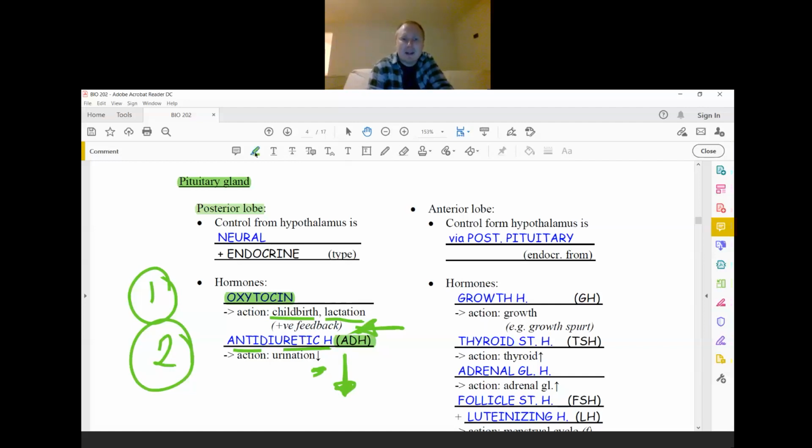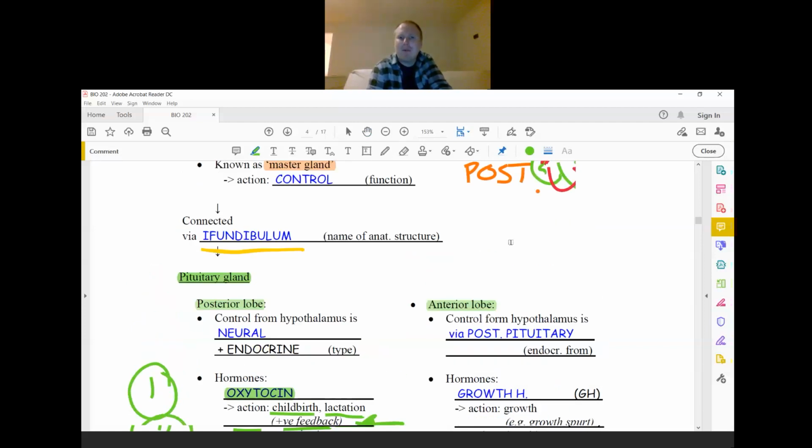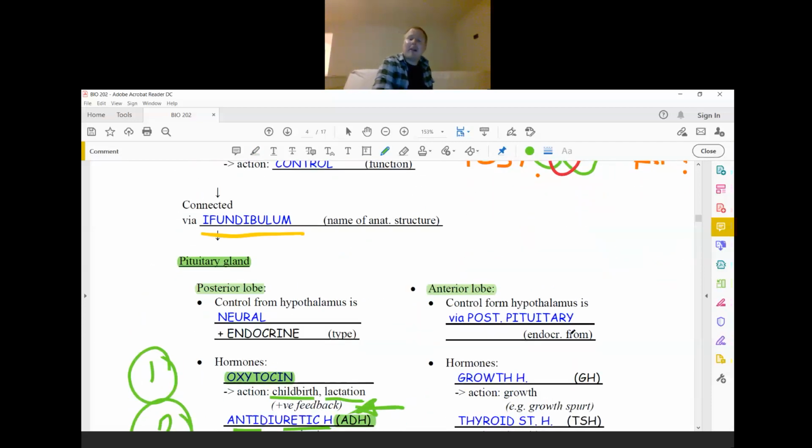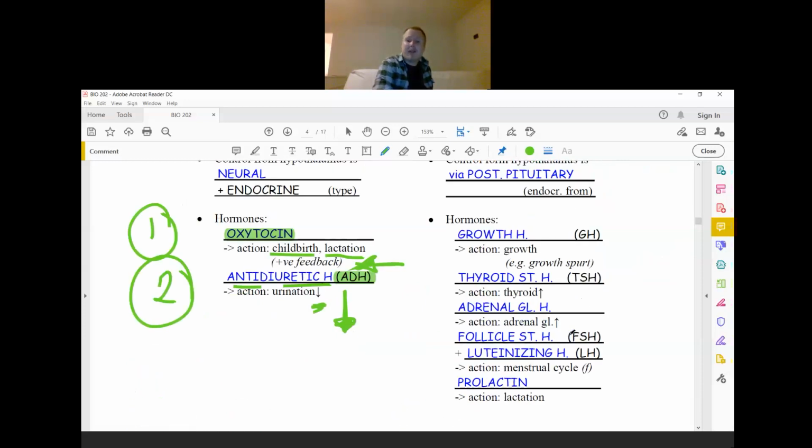Well, the next one that I want to have a look at is going to be the anterior lobe of the pituitary gland. So now we're focusing on this lobe here. And there we're going to have a bunch of, on the large scale, I've grouped them as 5 different groups of hormones.